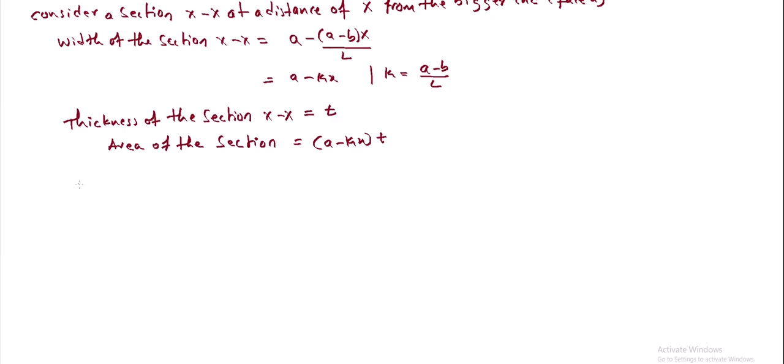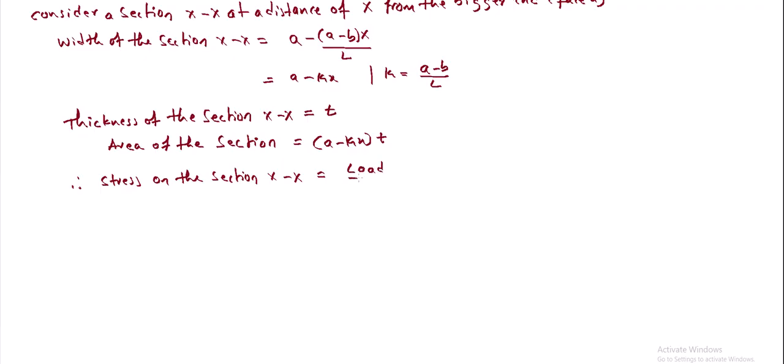Once I know the area, now I need to concentrate on the stress part. So the stress on the section XX: to know the stress on the section, I need to take the load by area.